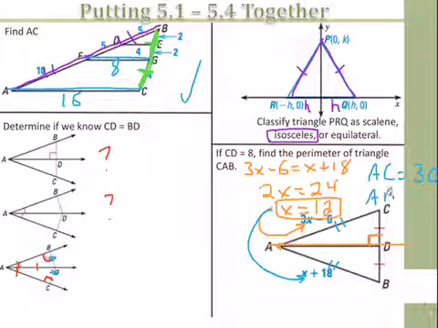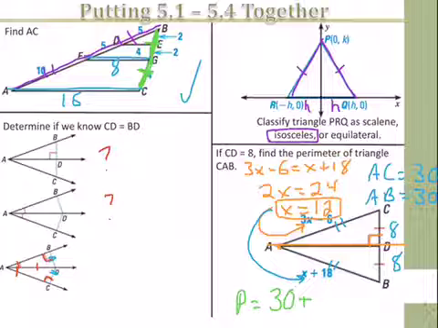AB ends up being 12 plus 18, which is 30. Good, they're both 30. And I know that CD is 8, and because that's congruent to DB, I know that that's 8 also. So the perimeter is going to be equal to the sum of 30 and another 30 and 8 and 8, which is 16. So 30 and 30 and 8 and 8 is 76.